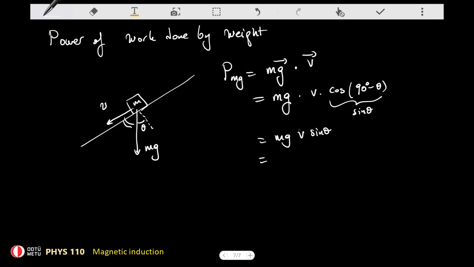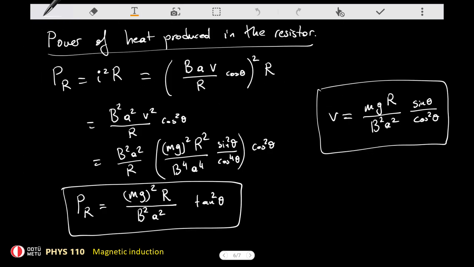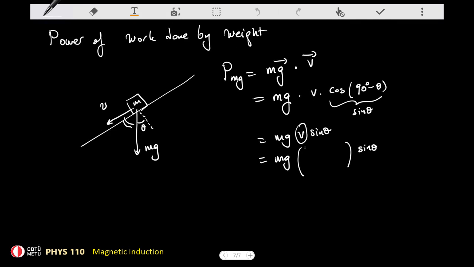I need to remember what we have written down for the speed. Let me look at it and then write this thing down. So that's mgr, b squared a squared, sine theta over cosine squared theta.